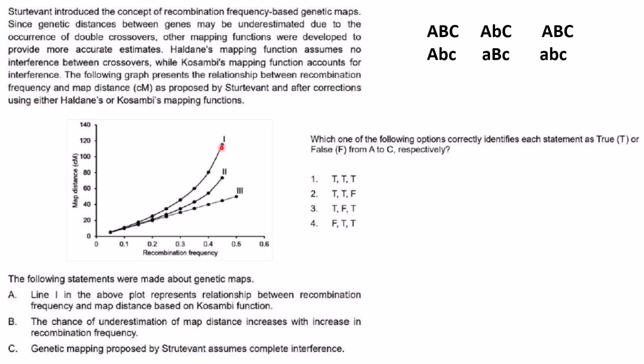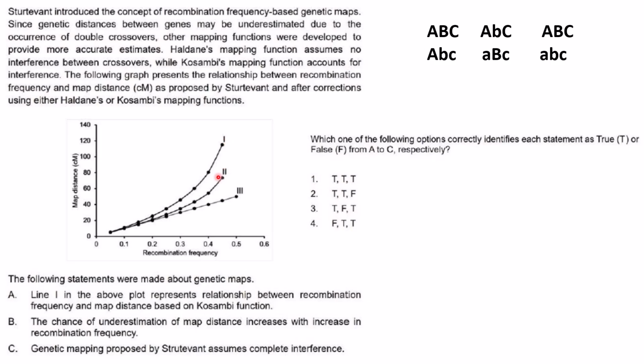Because of this, for the lesser map distances there was proportionality with the recombination frequencies. But as the distance between the genes increased, recombination frequency also increased, and you can see multiple crossovers also taking place. Because he didn't take interference into consideration, he got a deviation from the straight line, and it became curved. That is what Haldane did.